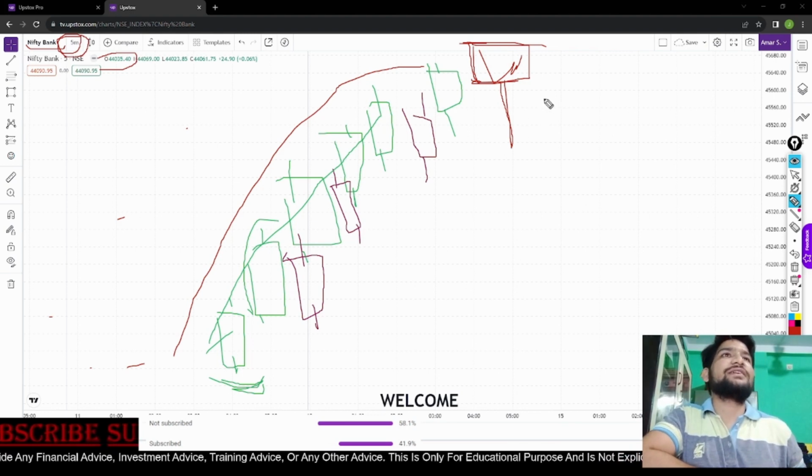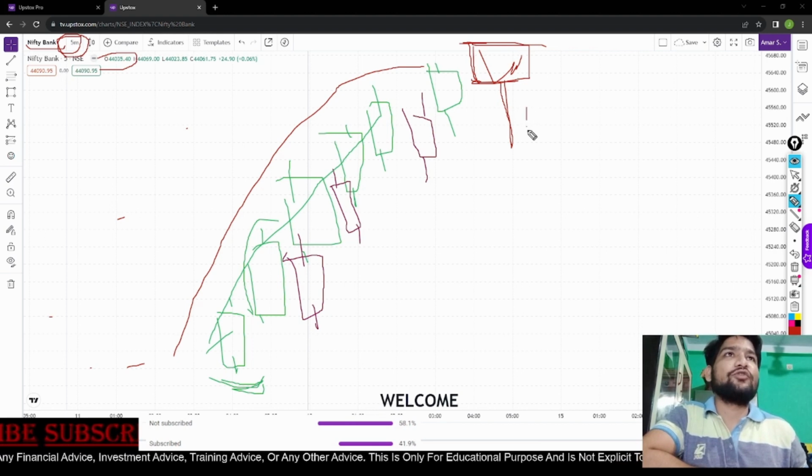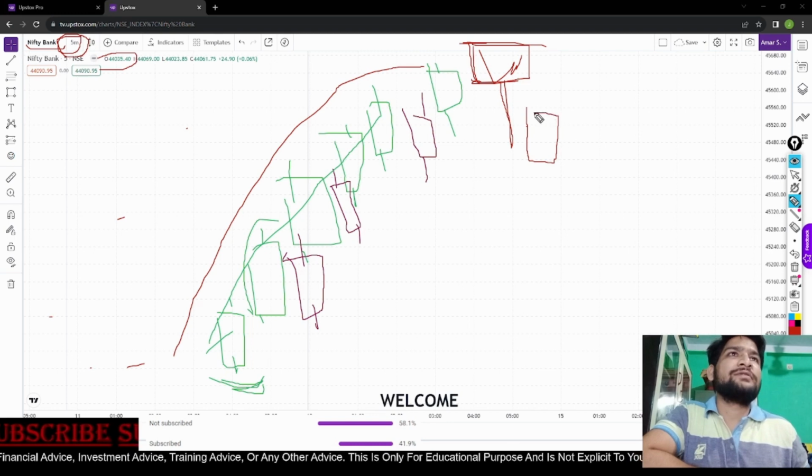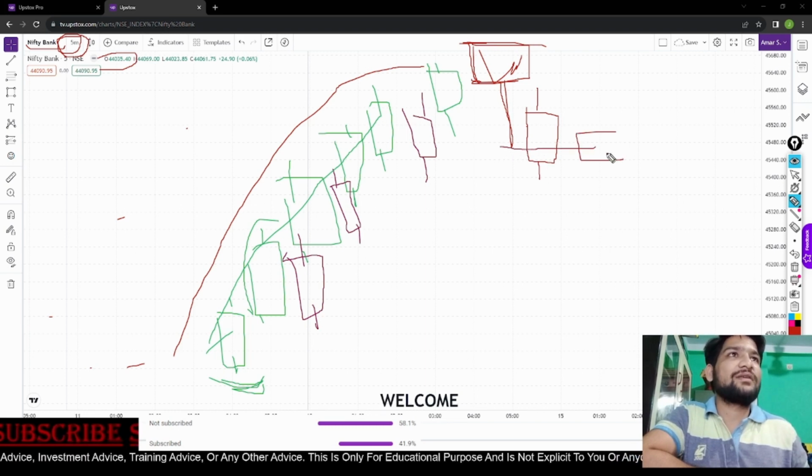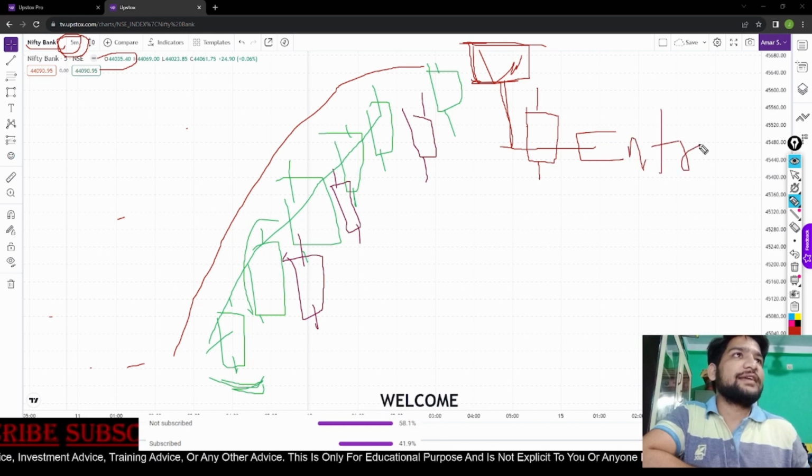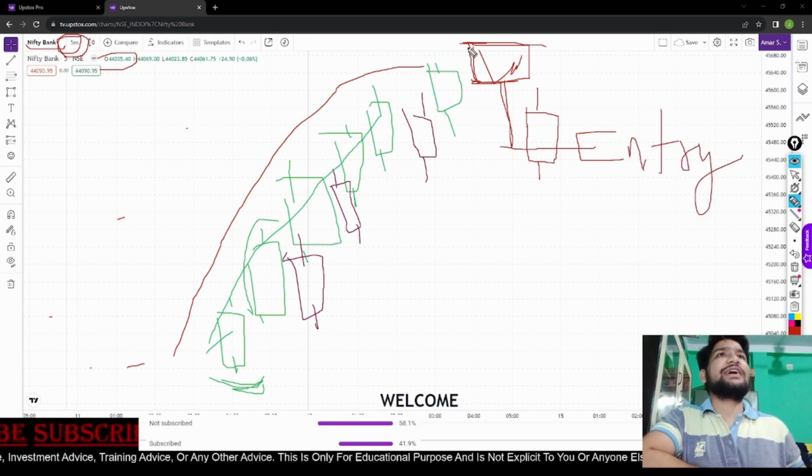We will wait for the candle to break its low. If a red candle breaks its low, then we will take the entry, with a stop loss.